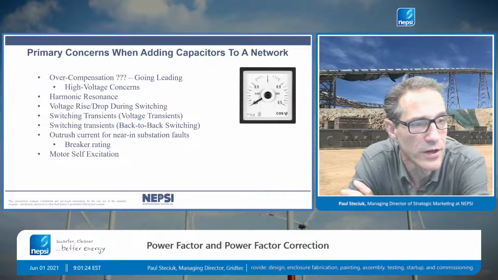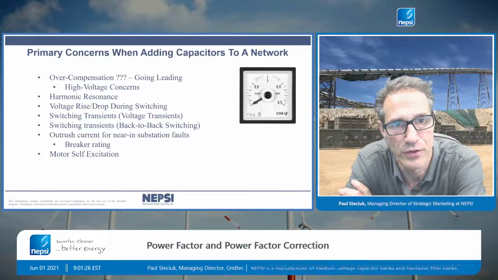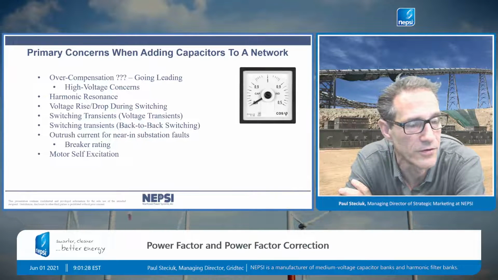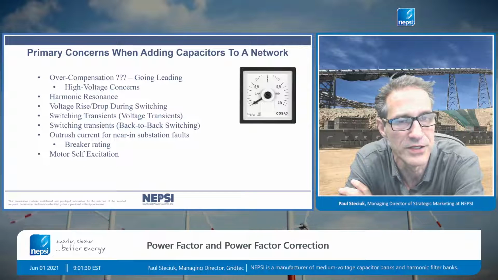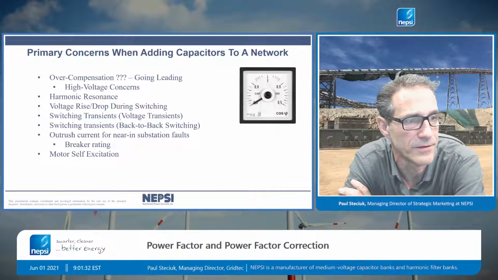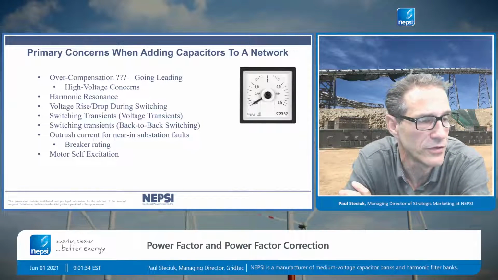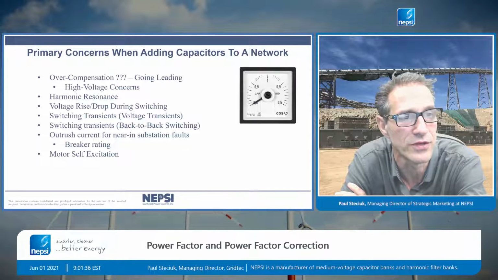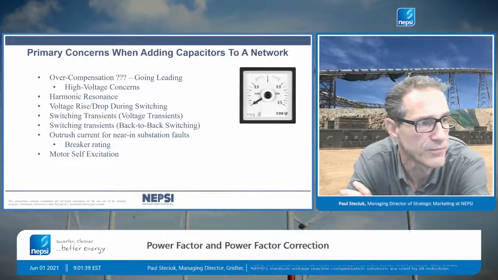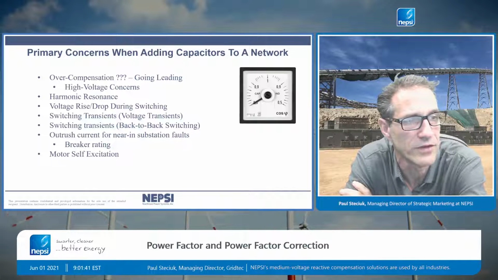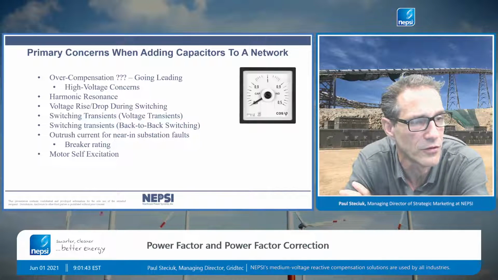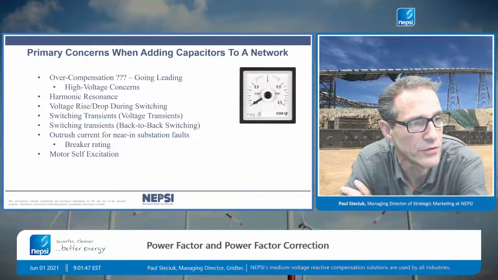In the renewables area, most oftentimes we are dealing with some type of transient mitigation switching device. The ones that we typically use either use pre-insertion resistors or point-on wave switching, but only at 34.5 kV, or 33 kV in other parts of the world where we see that technology being used.